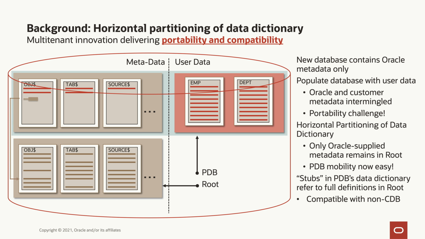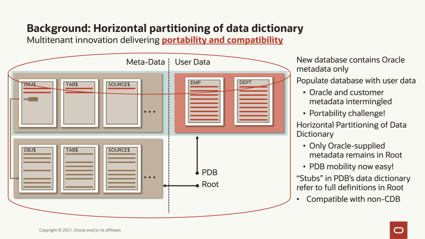The solution is that we store in the PDB's data dictionary what we call stubs. These stubs are references to the full definitions of objects stored in the Oracle data dictionary. For example, there would be a stub entry in the PDB's data dictionary for our famous package DBMS_SQL. It basically says, DBMS_SQL, the full definition is down there.